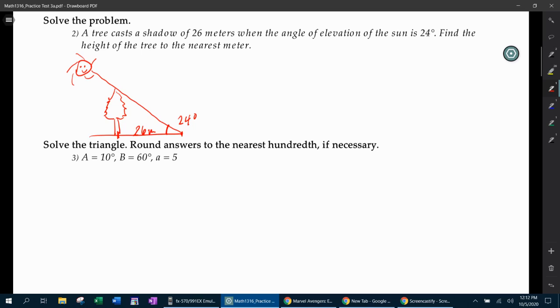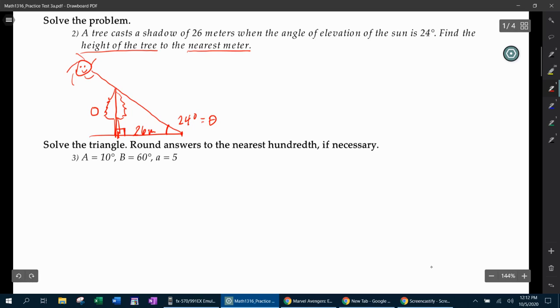It says find the height of the tree to the nearest meter. So we're looking for the height of the tree. Now, I'm not going to label that H. I might get confused and think that's hypotenuse instead of height. What I do want to do is notice that the 24 is my theta, which makes the height of the tree the opposite side.